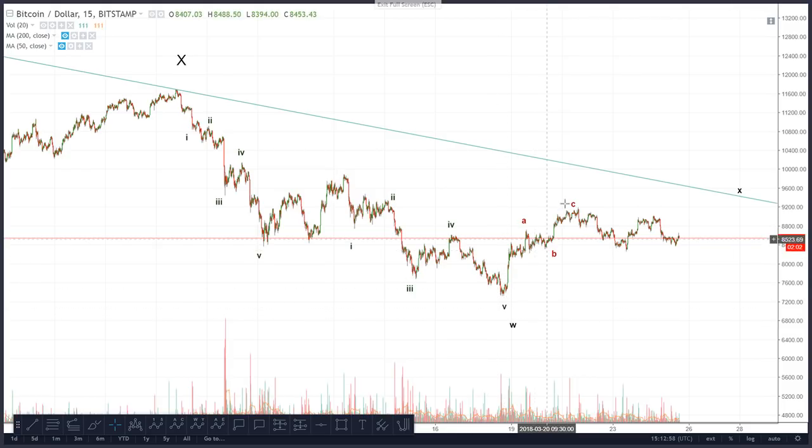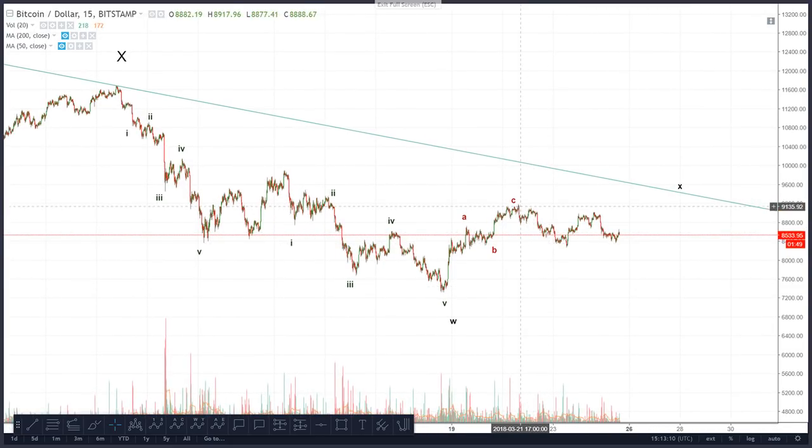So far we've only completed this initial move up. You can see our 3 legs here. There's an impulse wave A, B was a triangle, C is another impulse up, and now we're in another corrective pattern before we make our next leg up to X. This is on a smaller degree before the final leg down occurs.